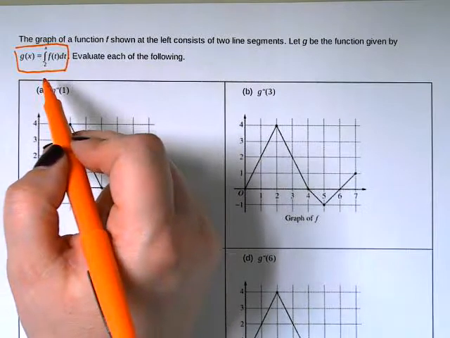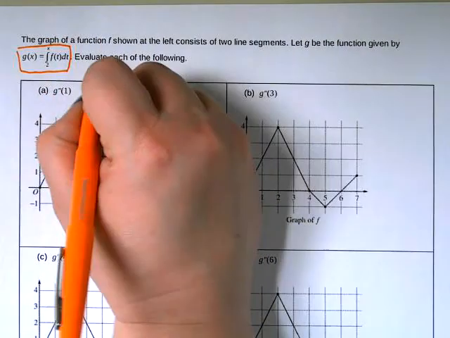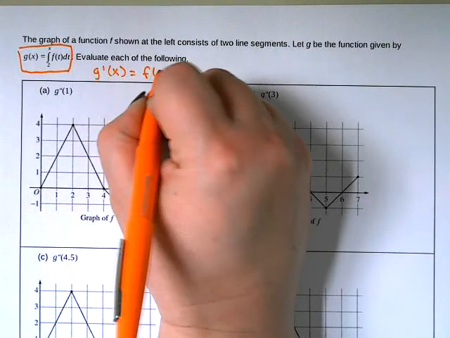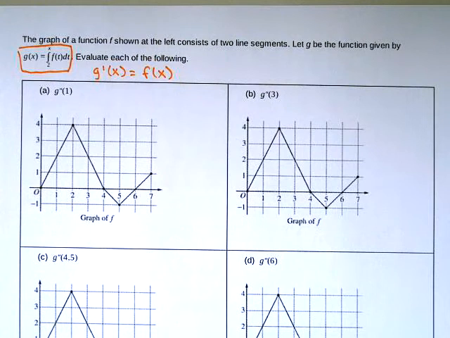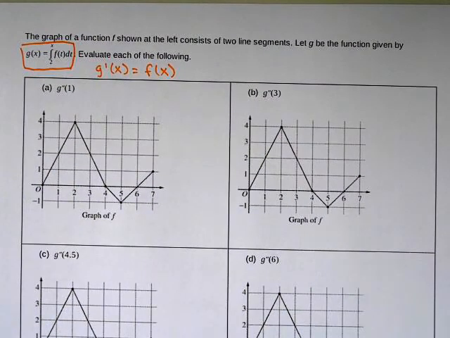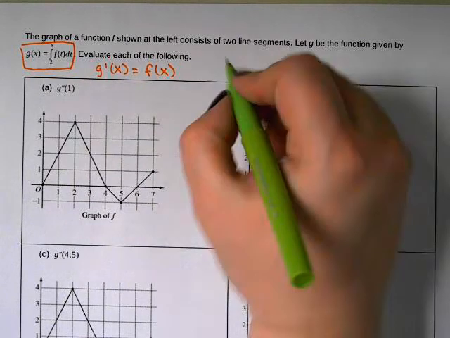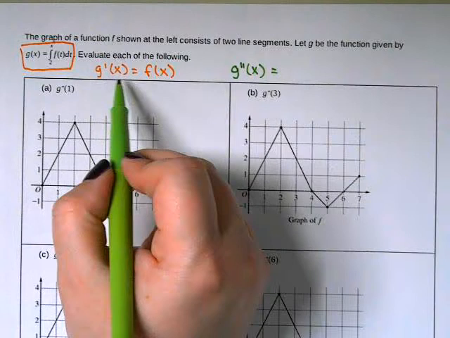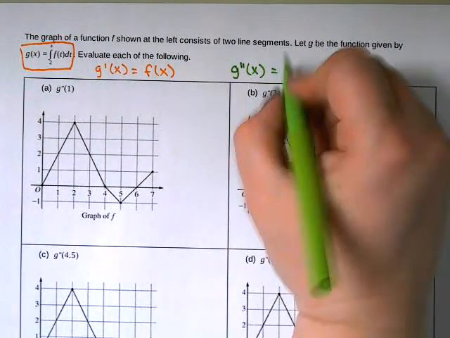There's my g of x. We said that g prime of x was equal to f of x. And we did that using the fundamental theorem of calculus. Well, now, if I want g double prime of x, that means I'm going to need to take the derivative of f.